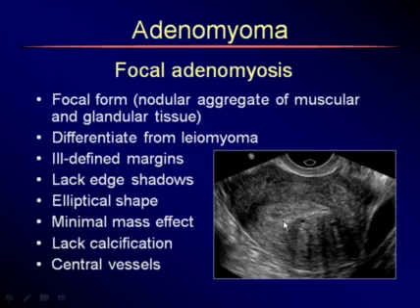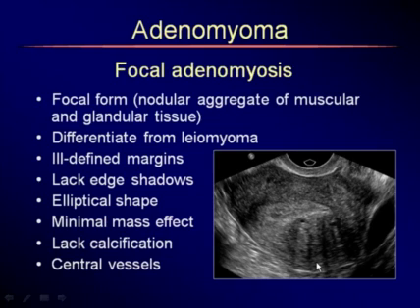These should be differentiated from leiomyomas. They have ill-defined borders. They lack edge shadows because they're actually just abnormal tissue. They can be elliptical. They have very minimal mass effect. They do not calcify, and they have vessels coursing through them.